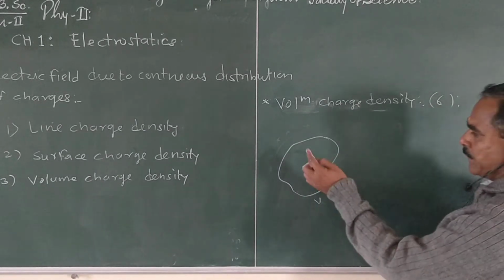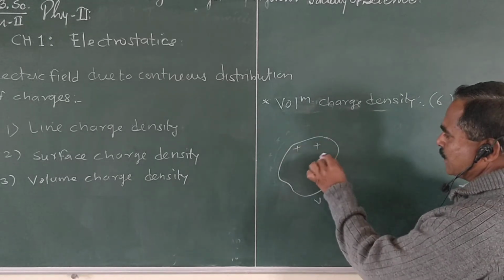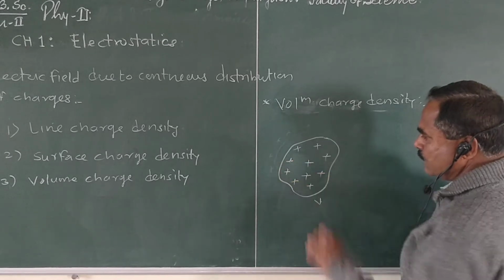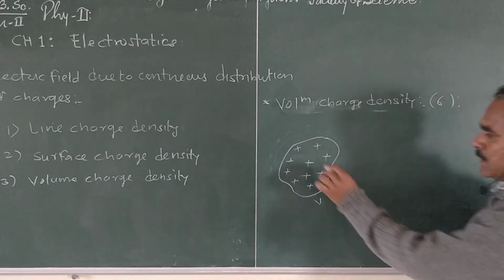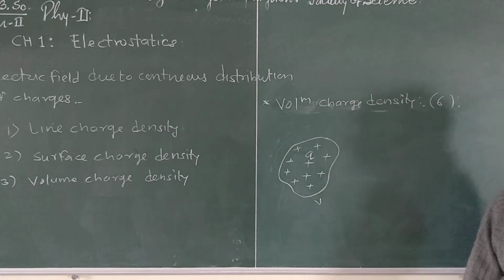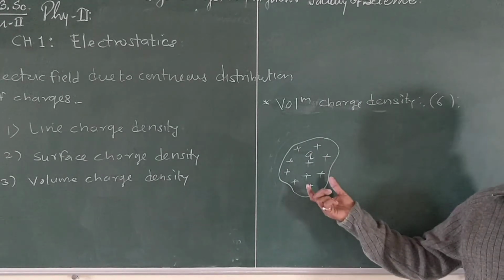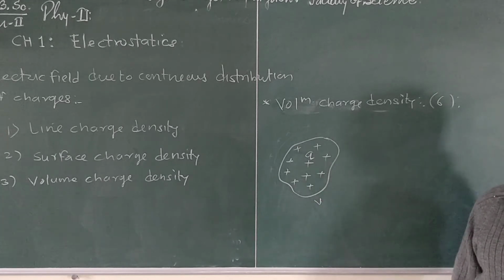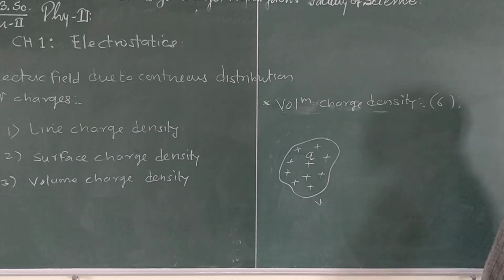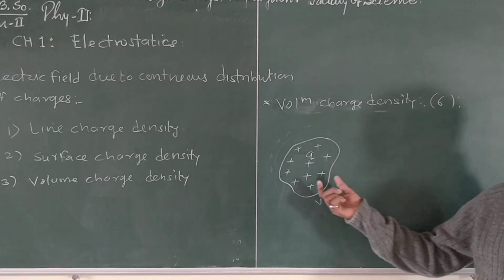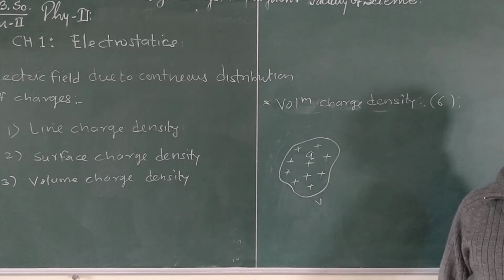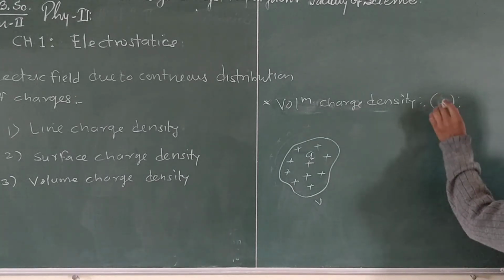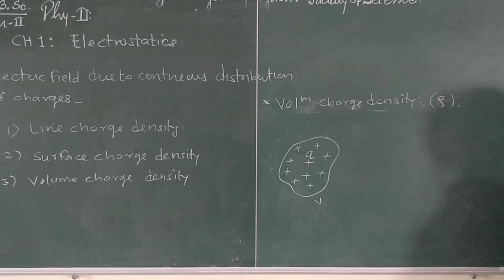Then we take continuous distribution of charges within the volume like this. This is the amount of charge which is continuously distributed within the volume V. When there is a continuous distribution of charges in the volume, then it is called the volume charge density, and it is denoted by the symbol rho.